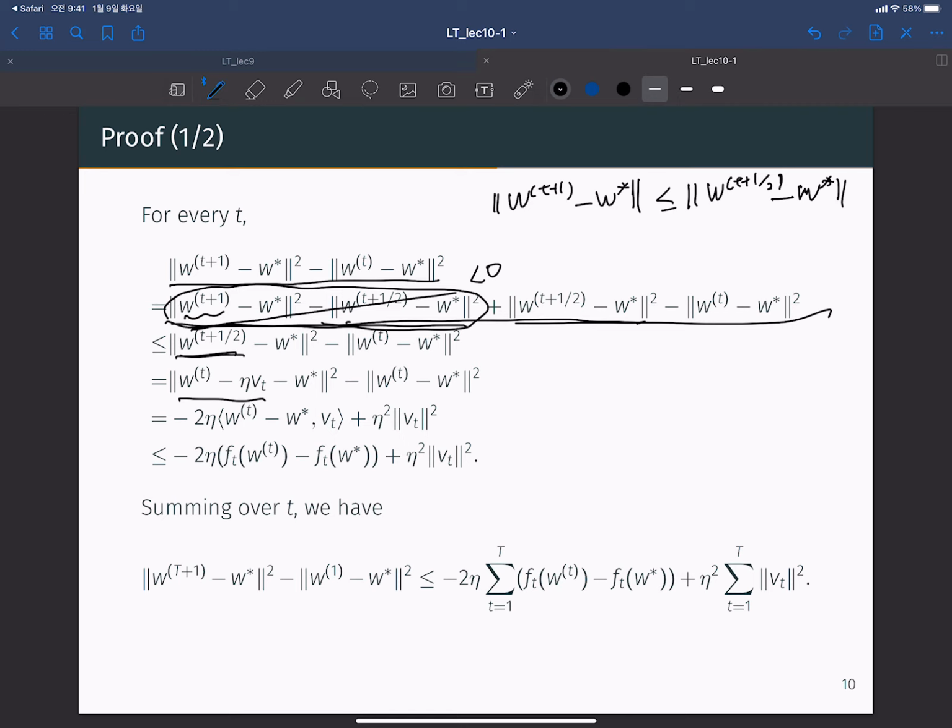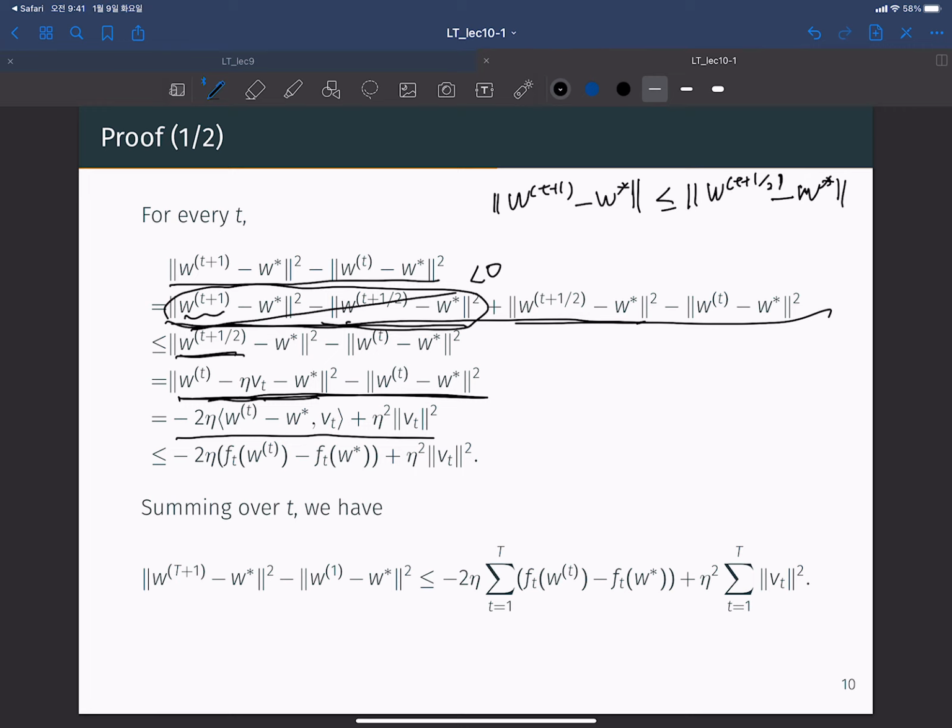And since the norm square is the inner product between the same vector, when we use that fact, we can rewrite this subtraction like this: minus 2 eta times the inner product between w_t minus w star and v_t, plus eta square times the norm square of v_t.